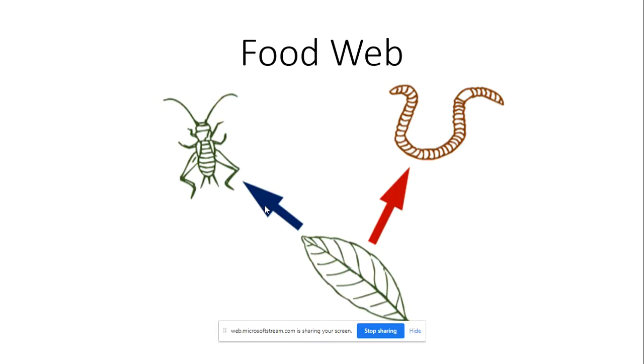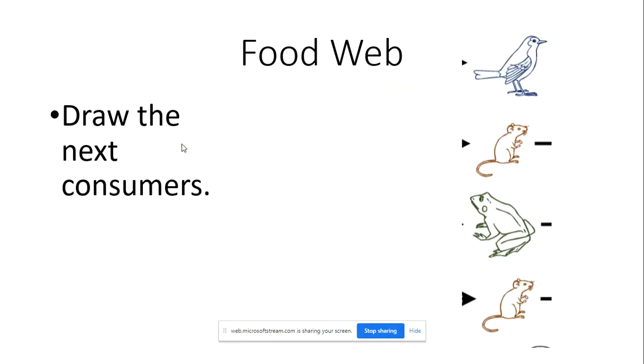One was a worm that would eat a leaf, and then we had 3 other food chains that were crickets that would eat a leaf. So that's one food chain, representing the 3 food chains that we have.